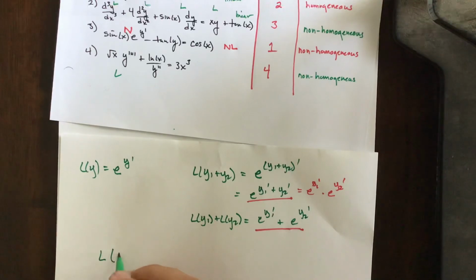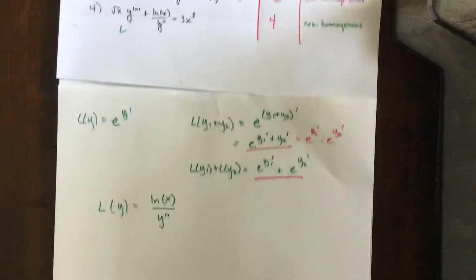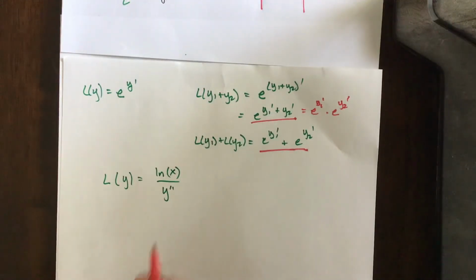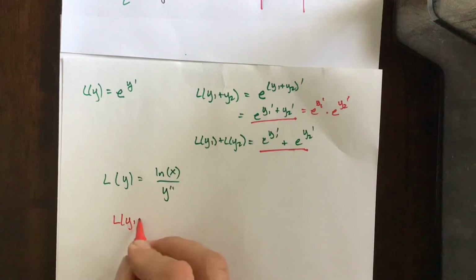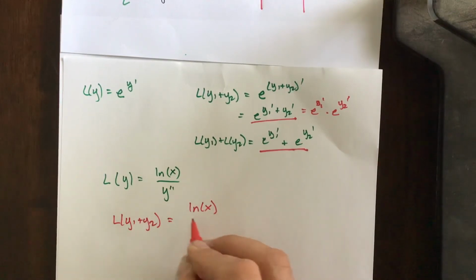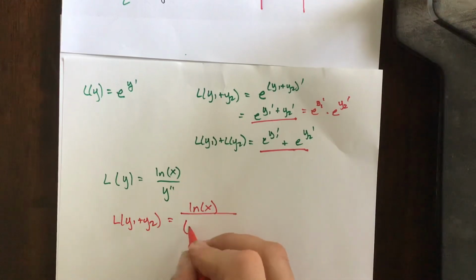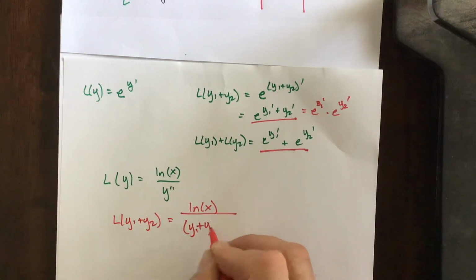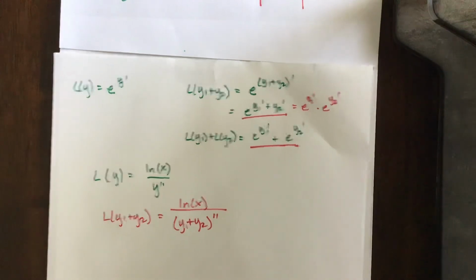L of y equals log x over y double prime. So L of y1 plus y2 is equal to the natural log of x divided by y1 plus y2 double prime.